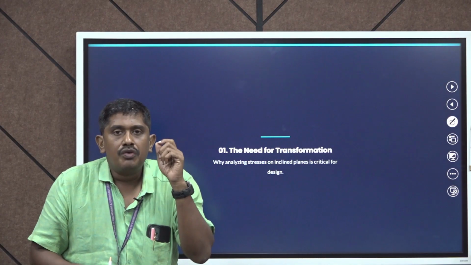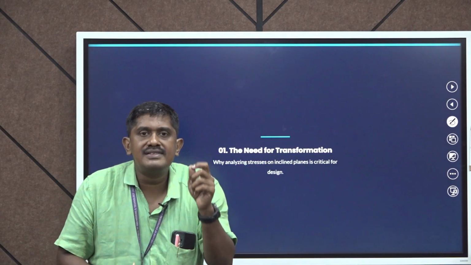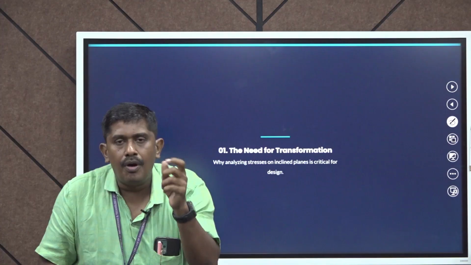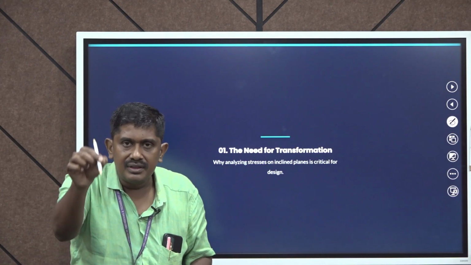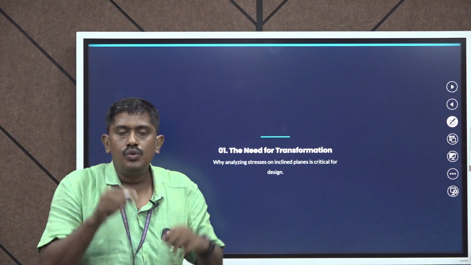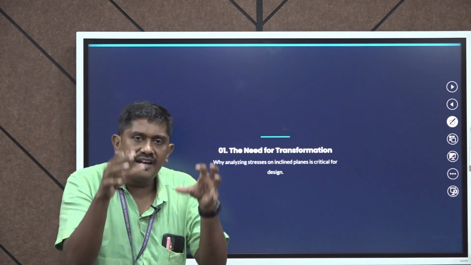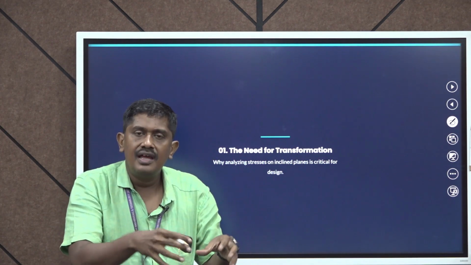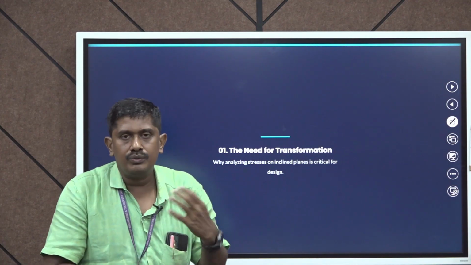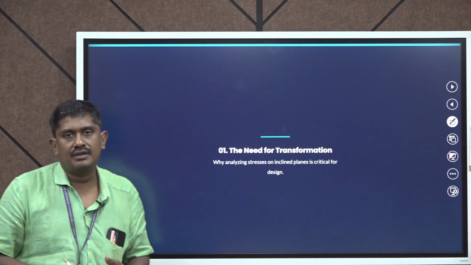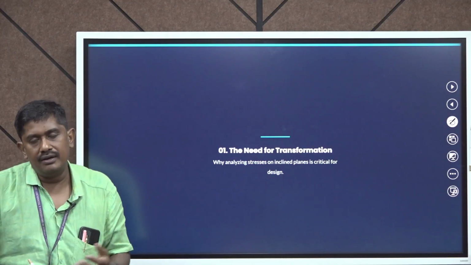So, whenever we want to optimally utilize the parts, we go with principal stress and strains to identify the exact value of stress and the exact value of shear stress applied. How much is applied, we should identify.